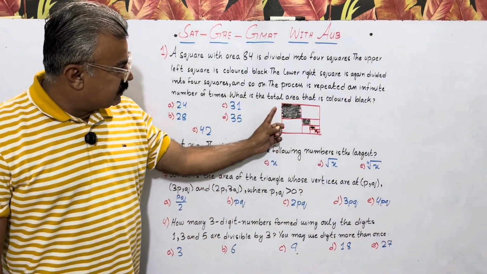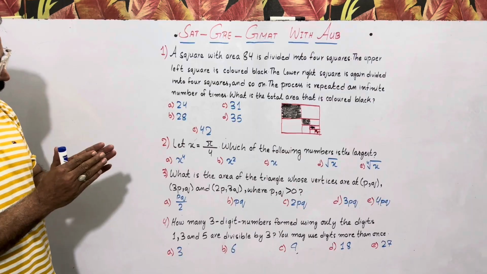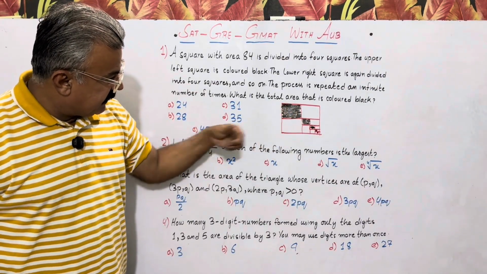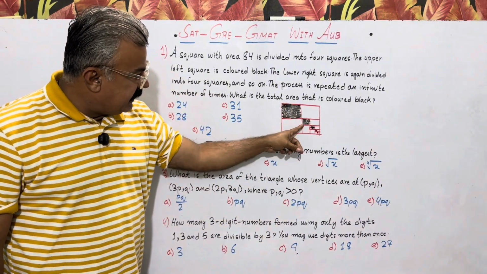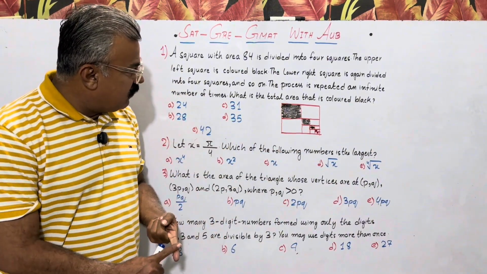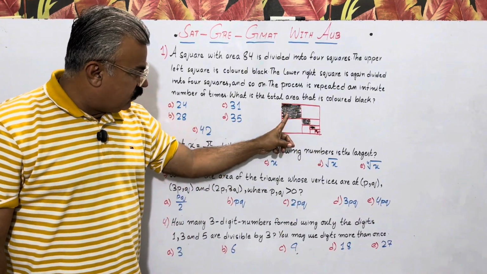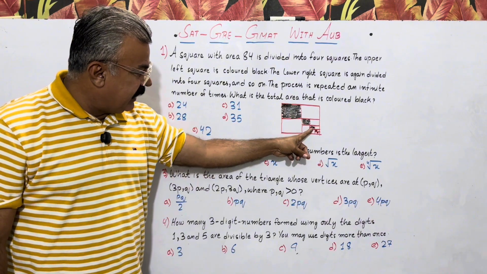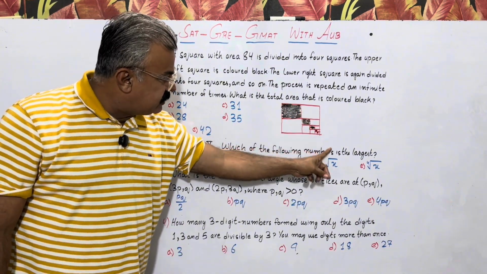We have a square. We have to shade 1/4 of the square. 1/4, 25%. Again, from the remaining portion, again shade 1/4, that is 1/4 of 1/4, then 1/4 of 1/4 of 1/4, and so on.